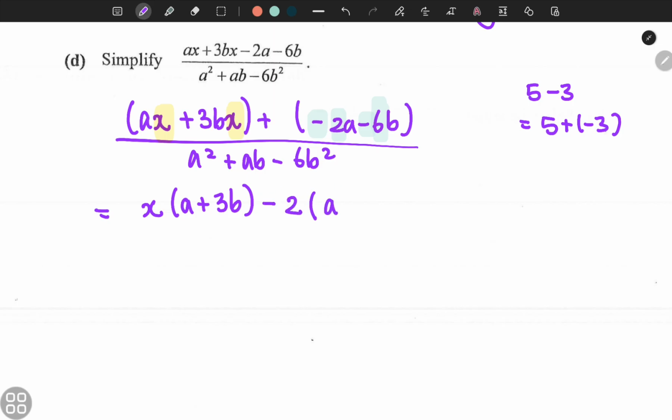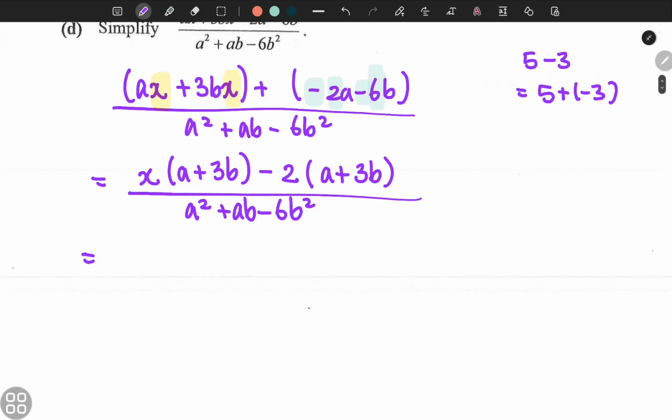So what I'm left with is a plus 3b. Negative then positive is negative. Okay, then denominator, I'm just gonna copy it as it is first. We can deal with that later.